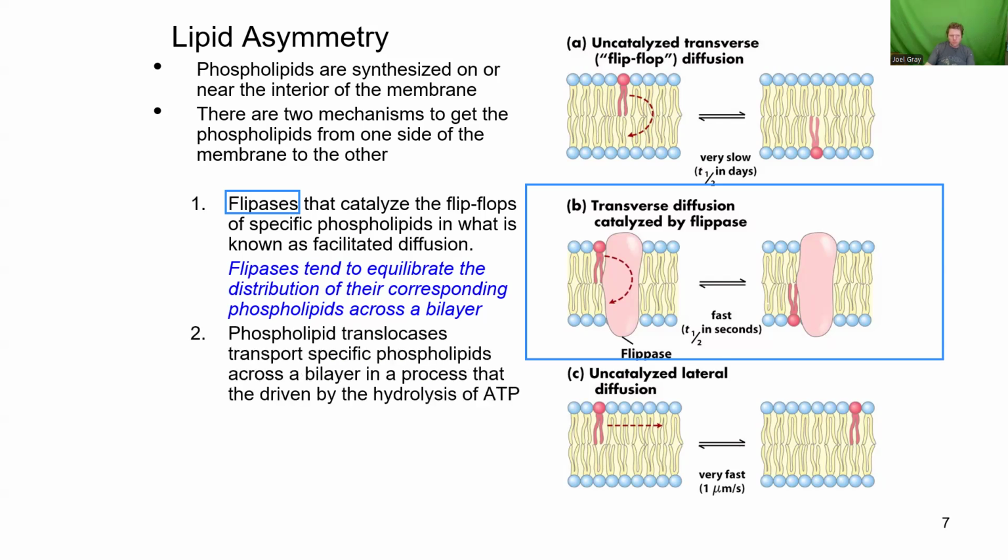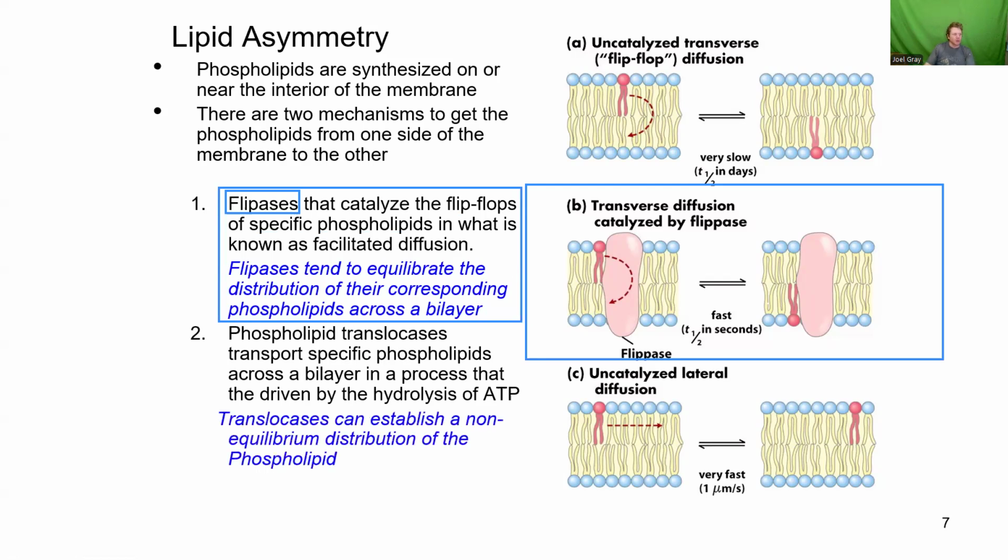So phospholipid translocases transport specific phospholipids across a bilayer in a process that is driven by the hydrolysis of ATP. Now, what I want you to be familiar with is these guys, flipases. They like to manage an equilibrium. Translocases can establish a non-equilibrium distribution of a phospholipid.